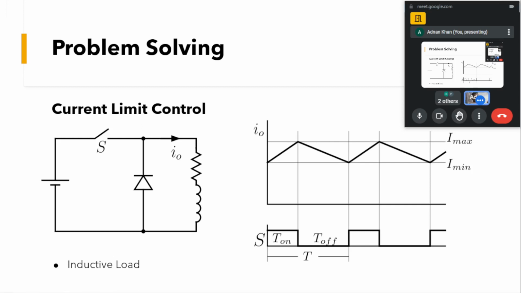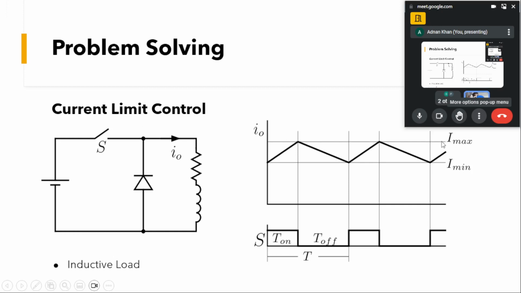Let us say the maximum point to which the current can go is I max, and the minimum is I min. This is my band. When we switch on this device, the current will gradually rise and hit the upper band, I max.